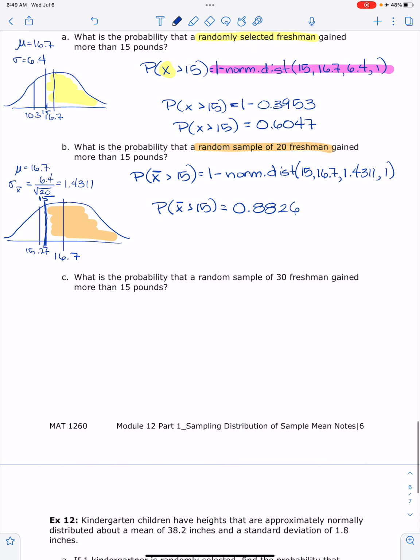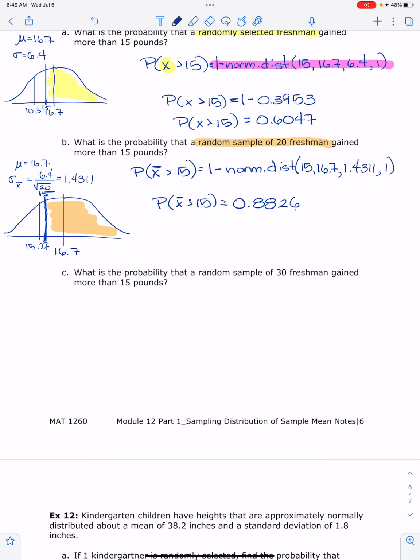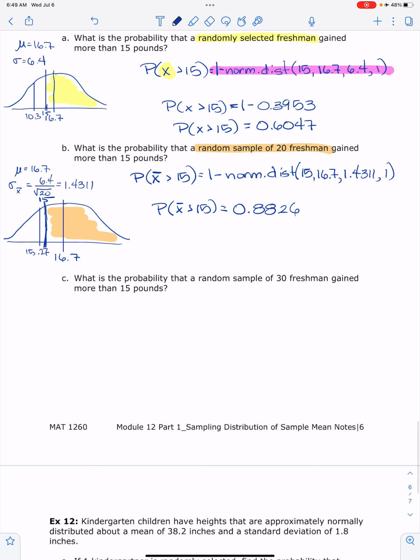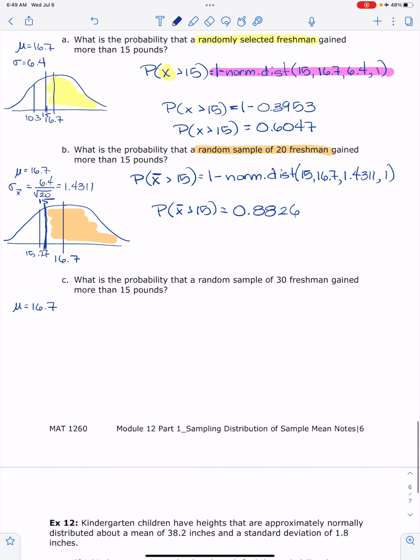C, we've got the probability that a random sample of 30 freshmen gain more than 15 pounds. So our population mean is still 16.7. Our standard error here is changing. We've got a larger sample. We are dividing by a larger number.